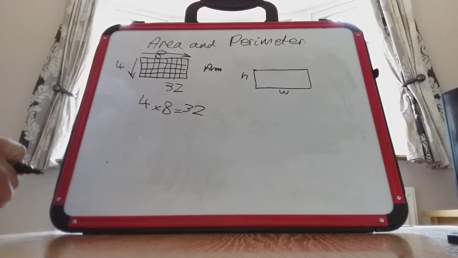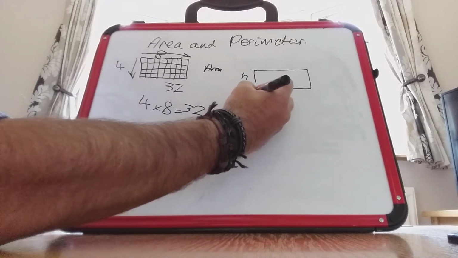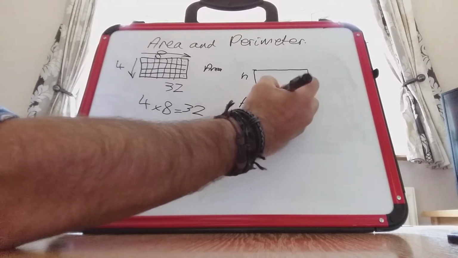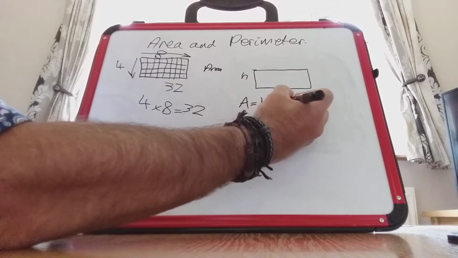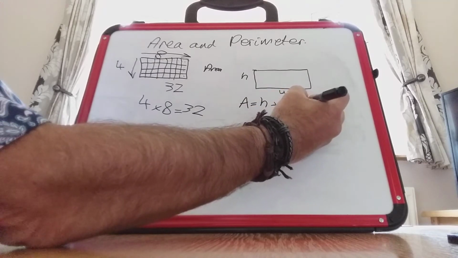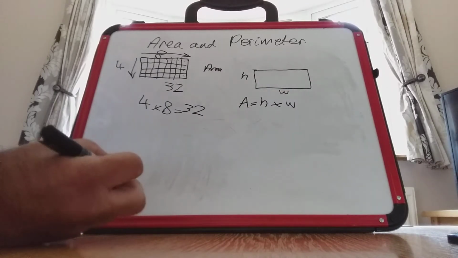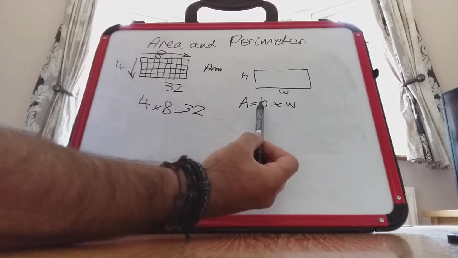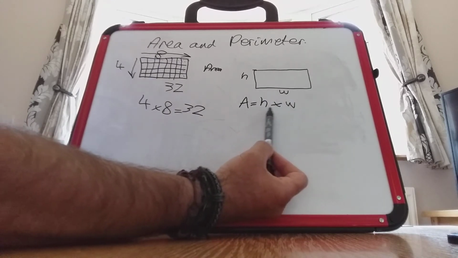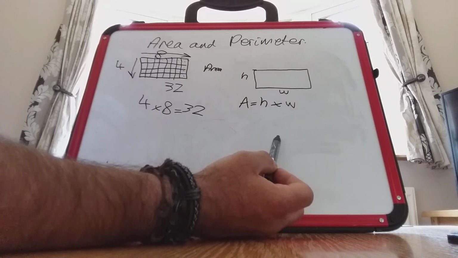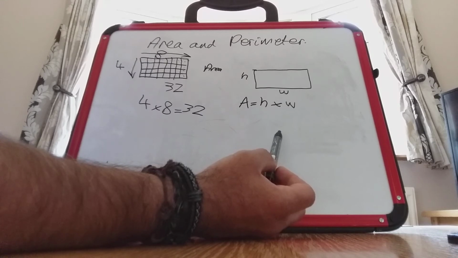So for the height, instead of writing the word height, we write H. So now for a rectangle, the area equals the height times the width. So whatever the numbers are, you just put them into this calculation and that's it. That's all you have to do.